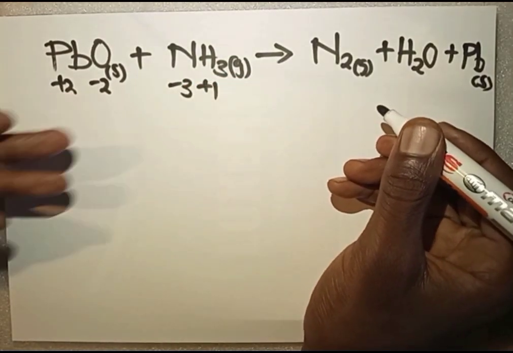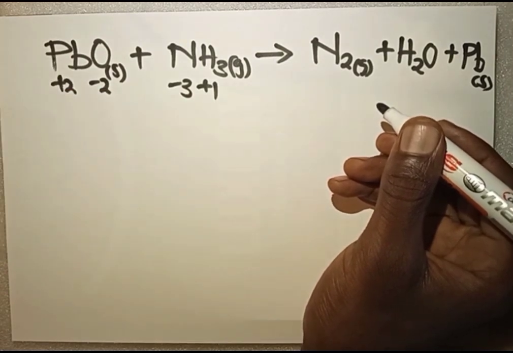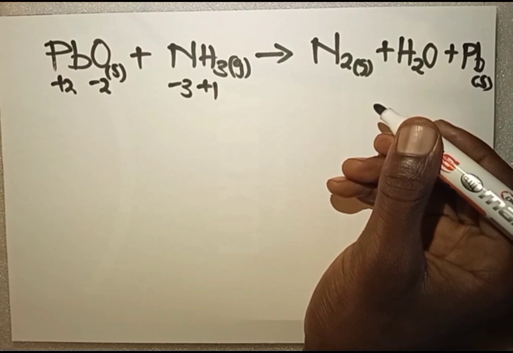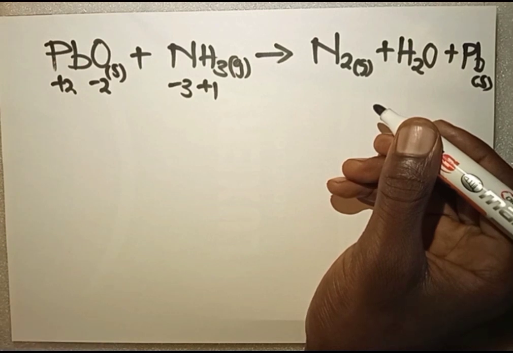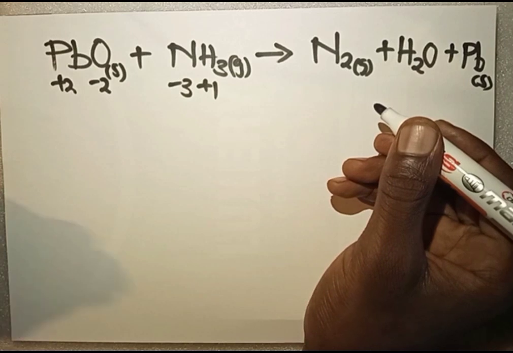We did this in the previous video of finding oxidation states or oxidation numbers. If you have no idea how to go about this, go to the previous video and you're going to learn it from there.